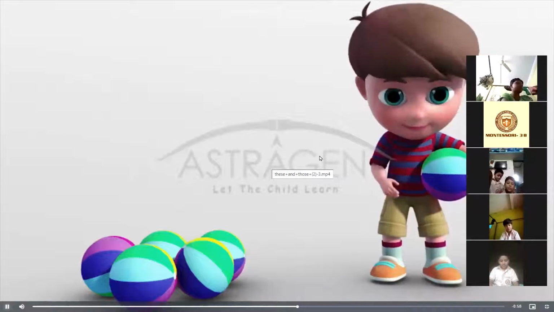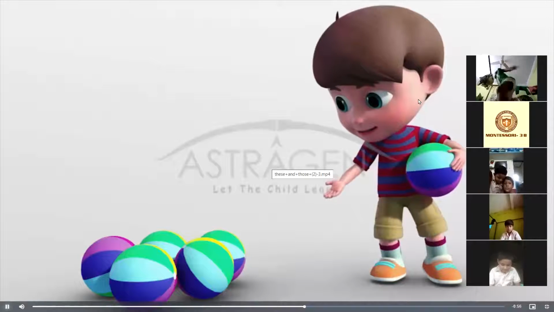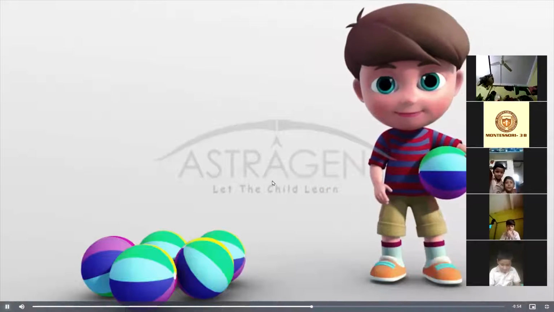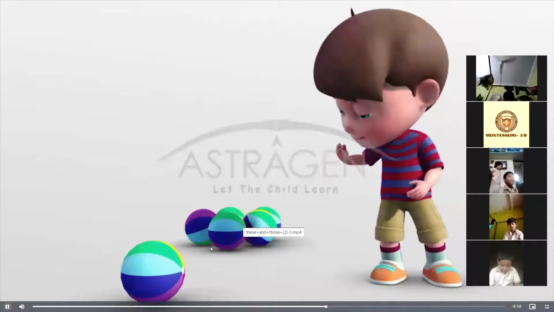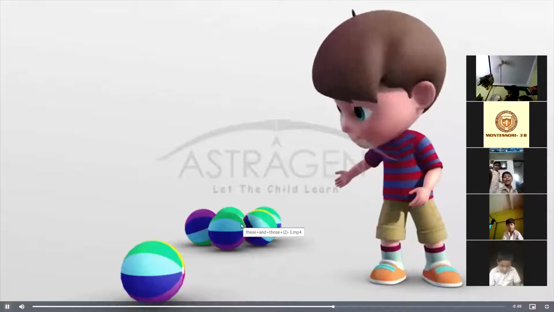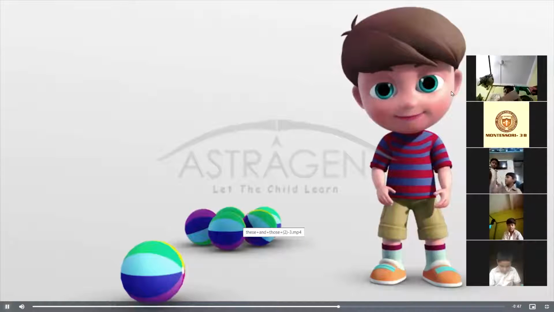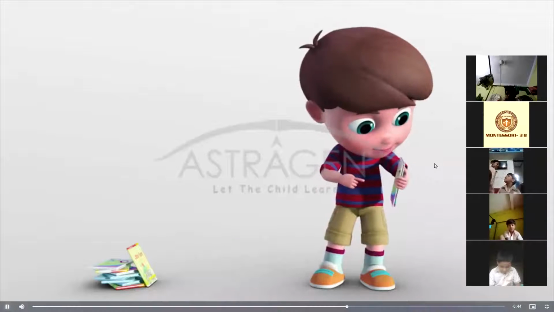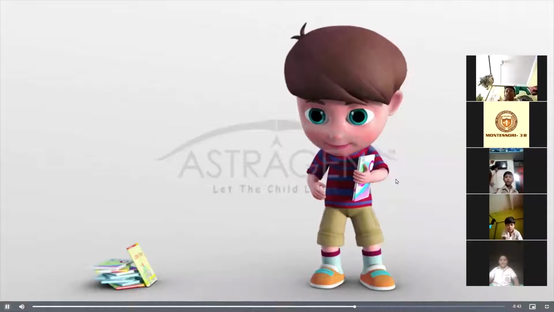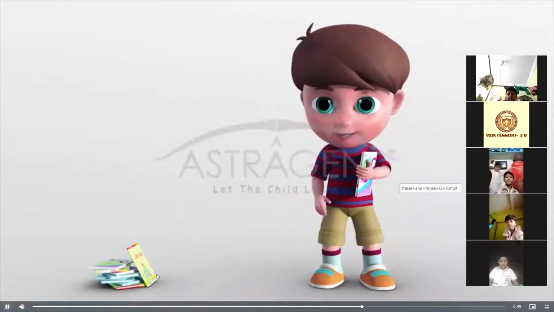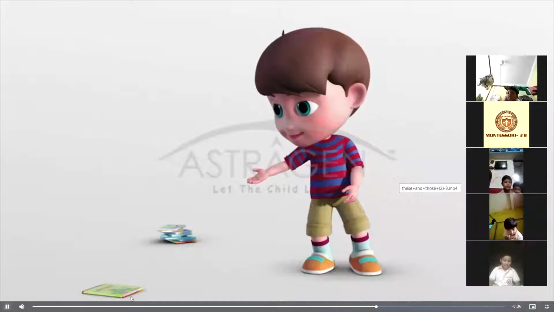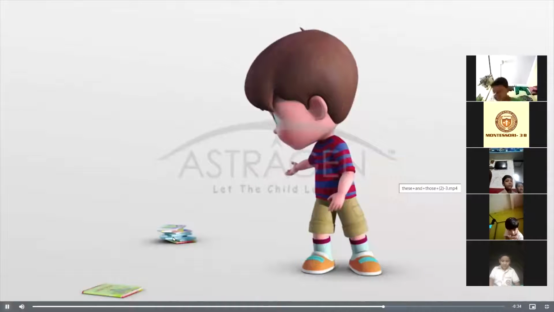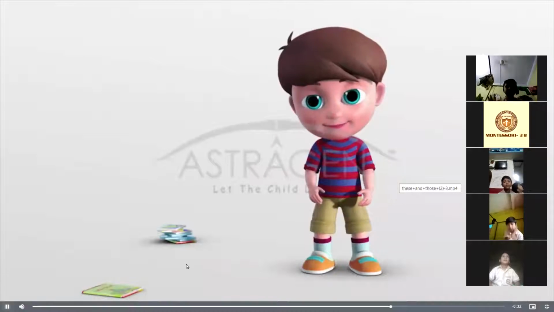This is a ball. These are balls. That is a ball. Those are balls. This is a book. These are books. That is a book. Those are books.